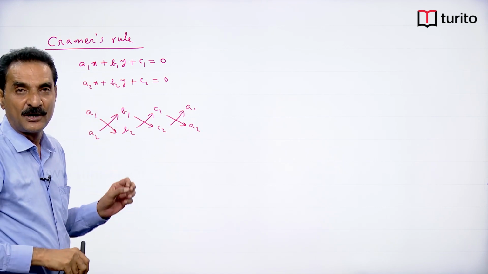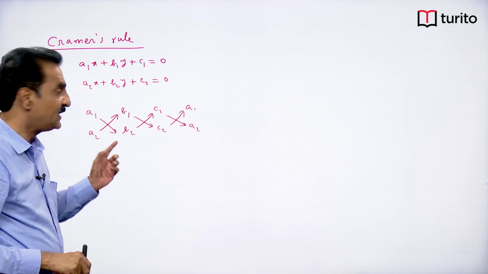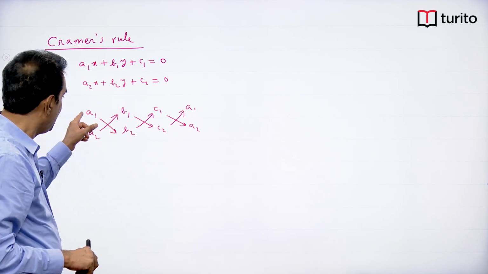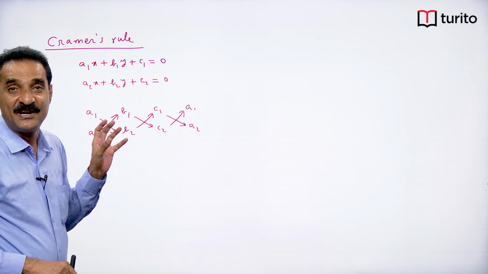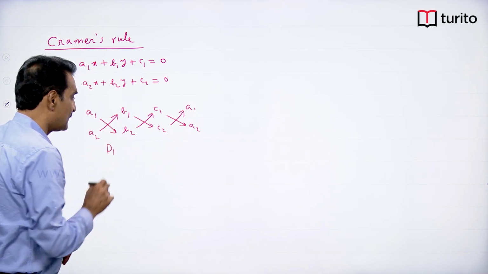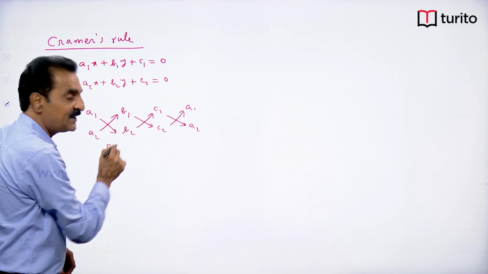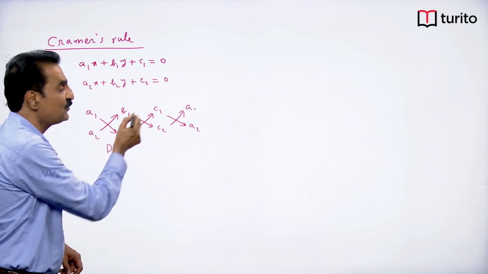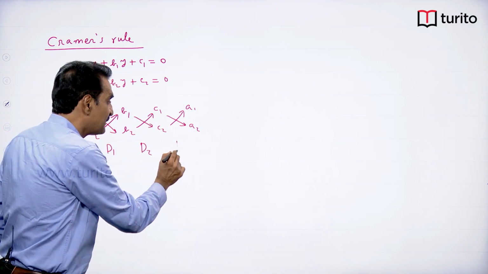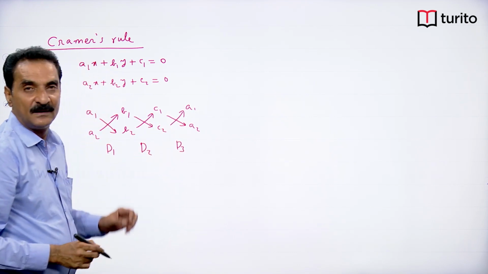Along the downward arrow you have to multiply the numbers and take plus sign. Along the upward arrow you have to multiply the numbers and take minus sign. a1 b2 minus a2 b1, it is called determinant. Let us denote this determinant by d1. Similarly, this is also a determinant, b1 c2 minus b2 c1, denote it by d2. Next determinant is d3.